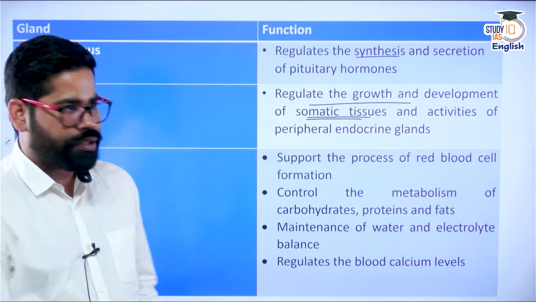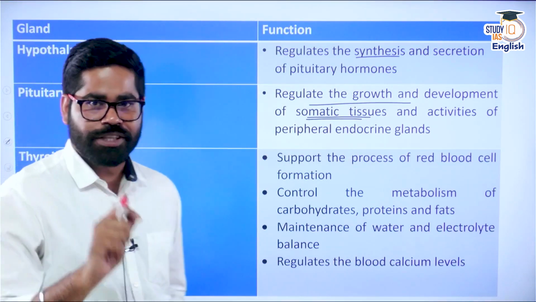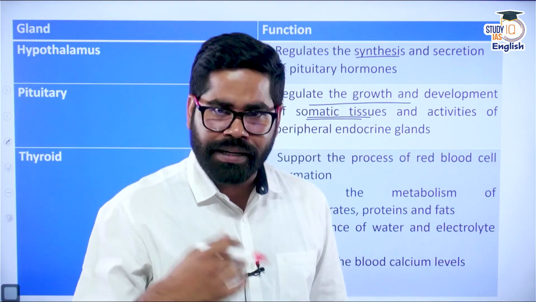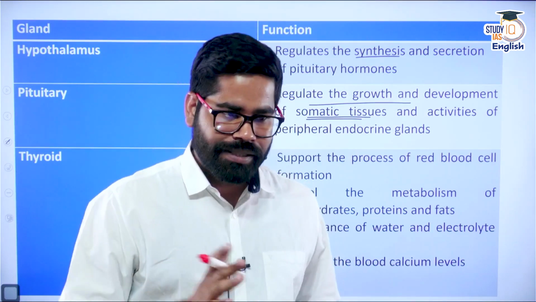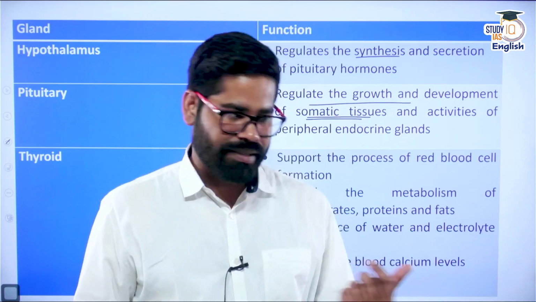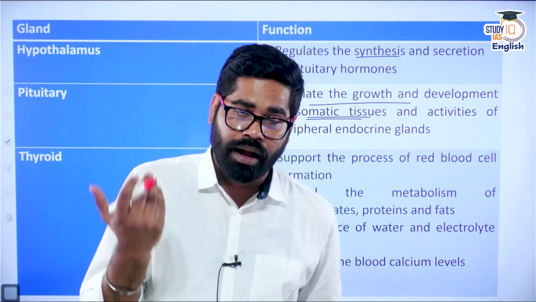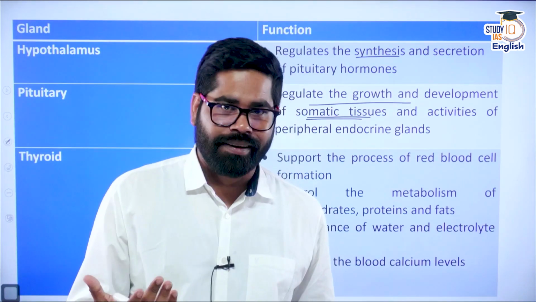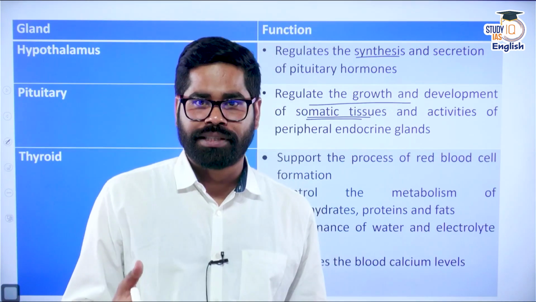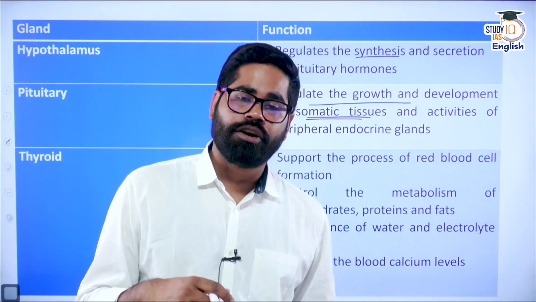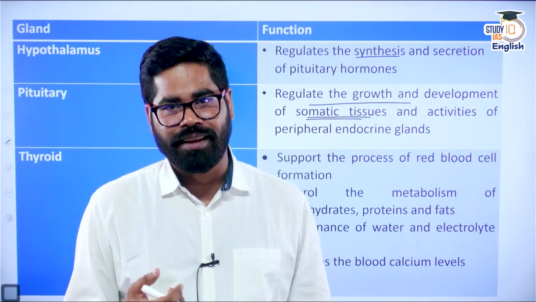So this pituitary gland is also responsible for somatic tissue, meaning the different cells which we are seeing in front of us, the cells of the skin, the ears, the eye, the brain. They are all basically somatic cells. The majority of our cells are somatic cells.